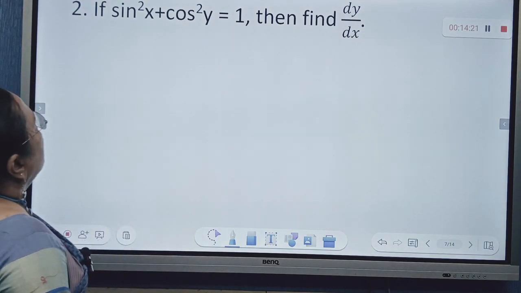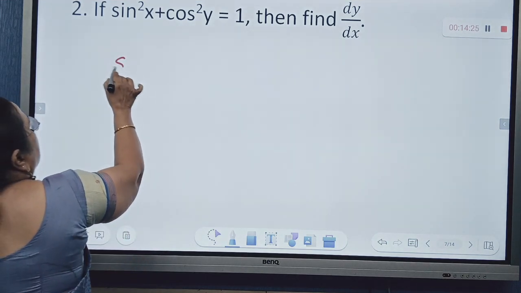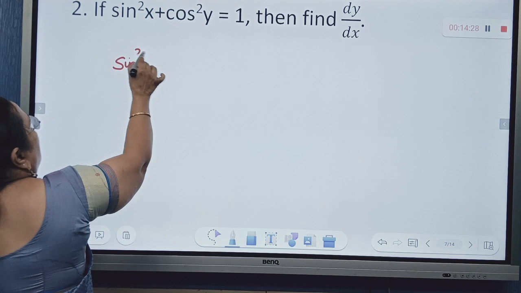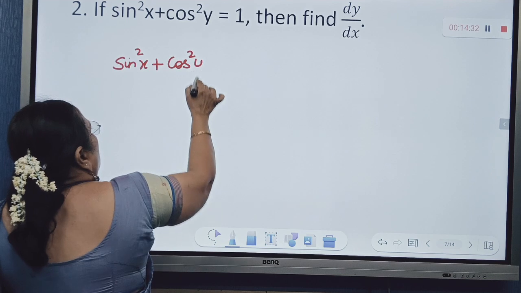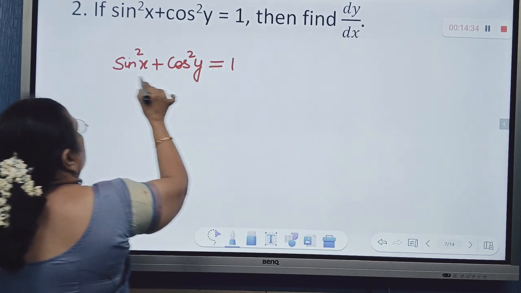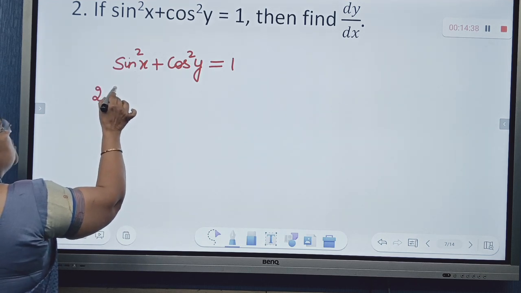Now, sin square x plus cos square y is 1. We have to find dy by dx. It's again given in the implicit form. Sin square x plus cos square y equal to 1. This one, if you differentiate, it's a composition function, so use chain rule.